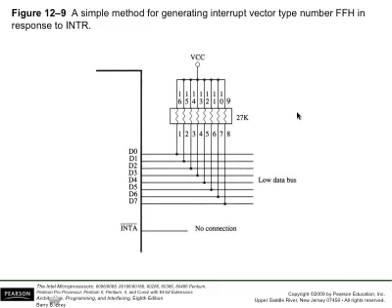This is a very simple method for generating interrupt vector FF, because when the interrupt happens, INTR will be asserted, and when the microprocessor acknowledges that, it will start to read values from the data bus. Because of these pull-up resistors, these are all logic 1s. So if you make a connection like this, the microprocessor will always read FF as the interrupt vector, the interrupt number.